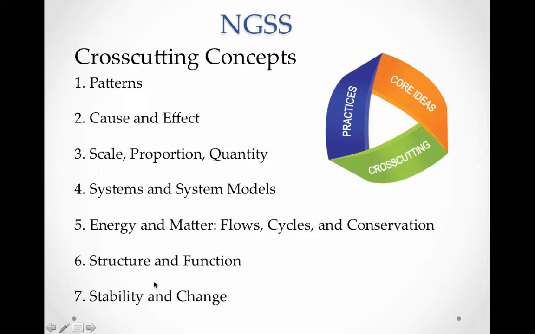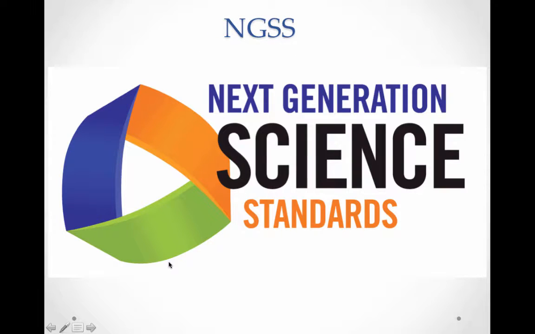And then another very interesting part about our world is this idea that there's constant change, but in certain circumstances we can create stability. So those are the 3 dimensions of Next Generation Science Standards, and really they do a pretty good job of defining our course in general.